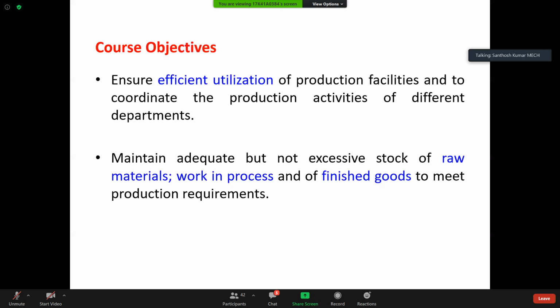Because this course is a professional elective. The other courses you have studied till third year, second semester are all core. This is a professional elective, though also a little bit core. Here you need not do design or thermal analysis.